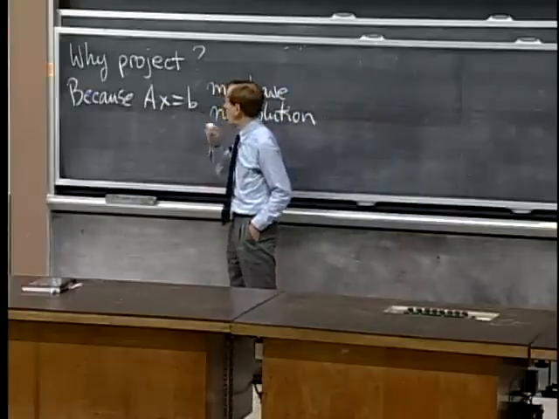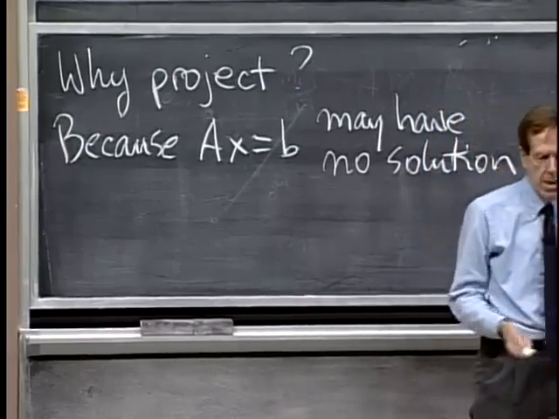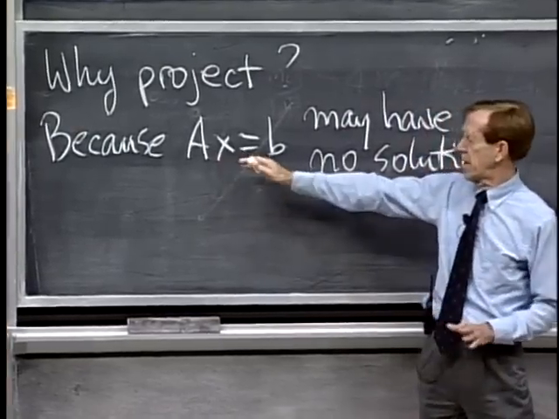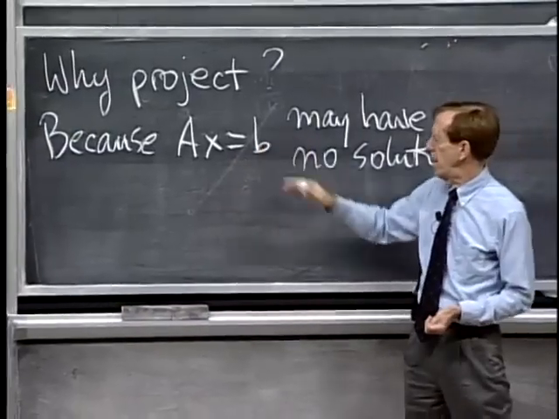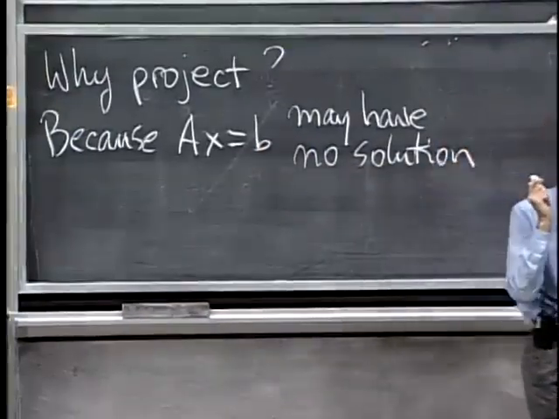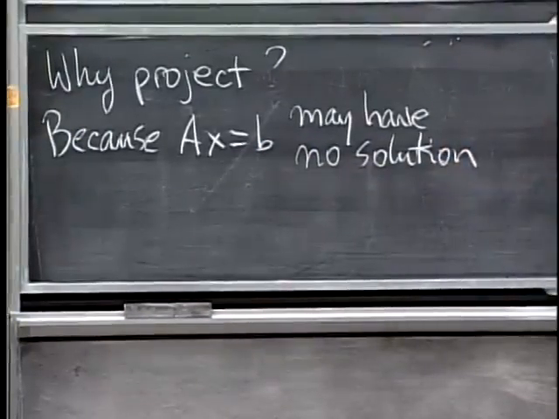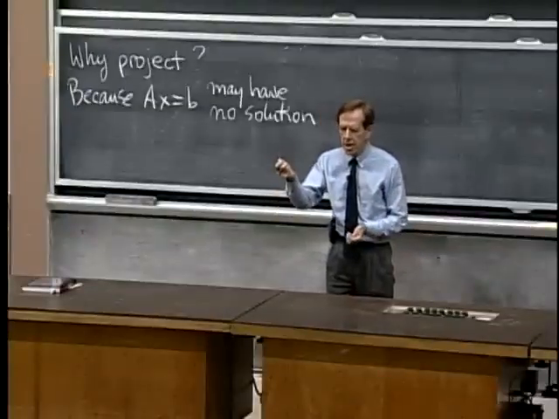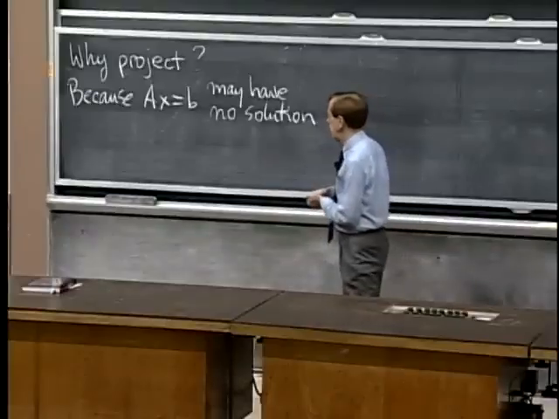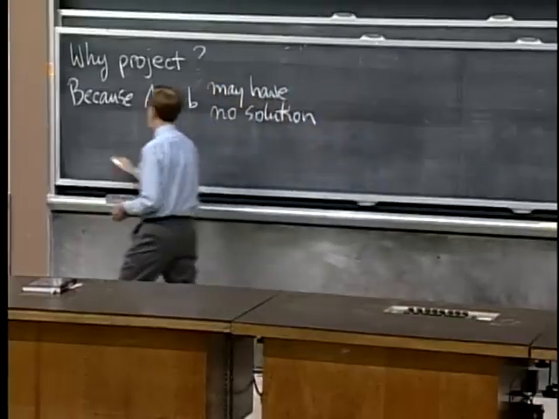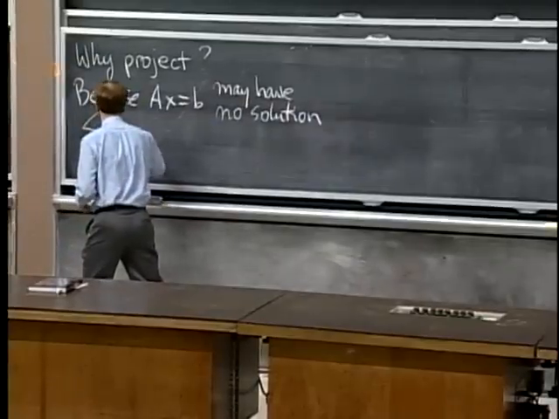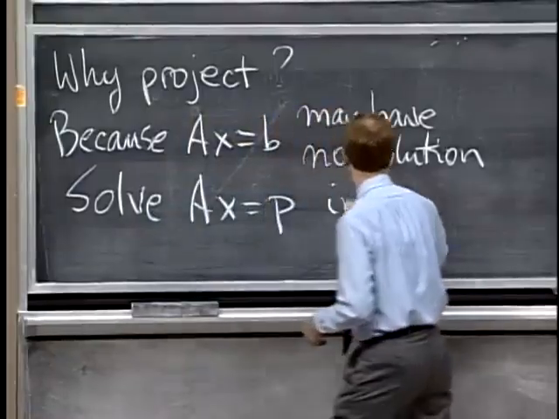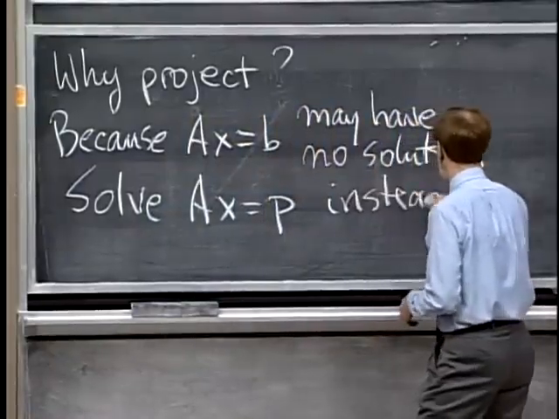Well, AX will always be in the column space of A. That's my problem. My problem is AX has to be in the column space, and B is probably not in the column space. So I change B to what? I choose the closest vector in the column space. So I'll solve AX equal P instead. That one I can do.